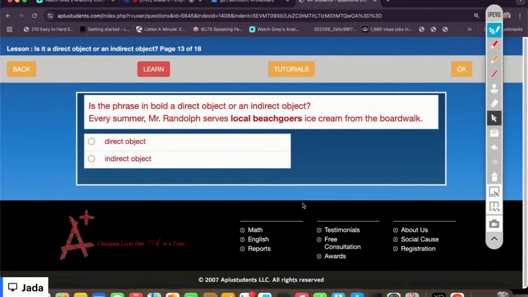Every summer, Mr. Rodolfo serves local beachgoers ice cream from the boardwalk. Is this direct or indirect?